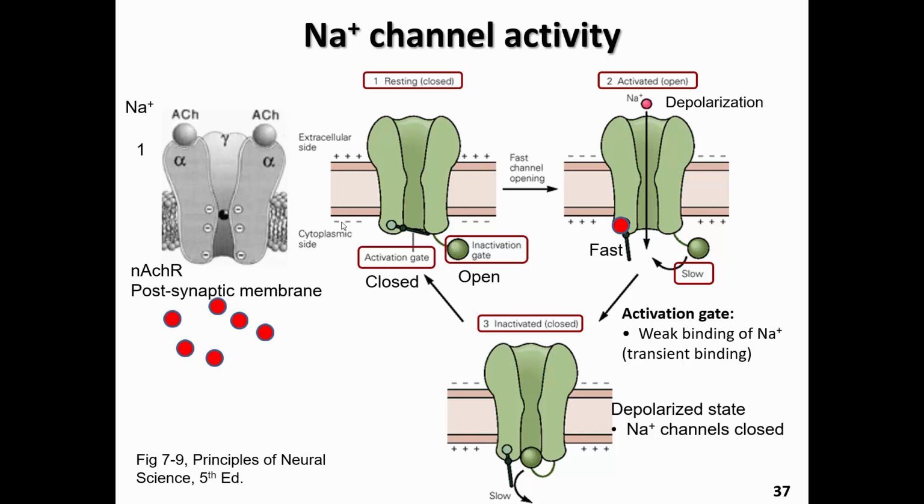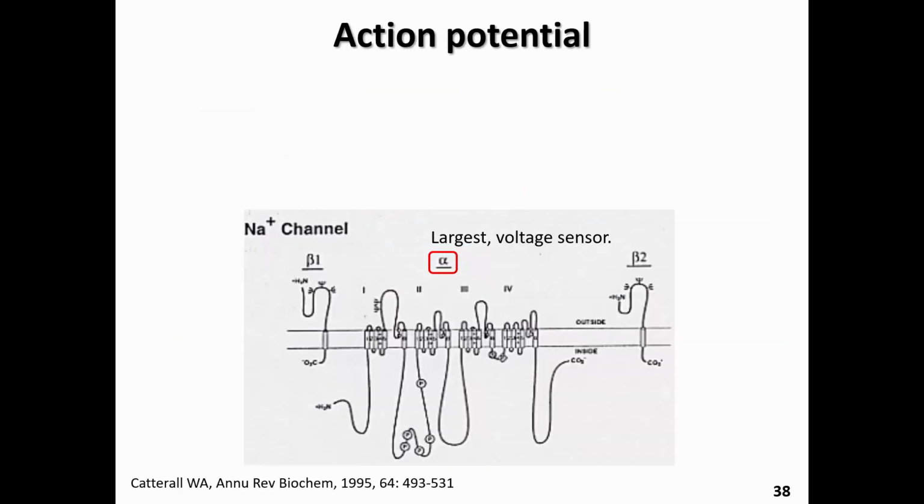And when that happens, we have a negative potential inside the cell. And we know that the depolarized state will trigger the repolarization generated by the movement of potassium from the inside to the outside of the cell.